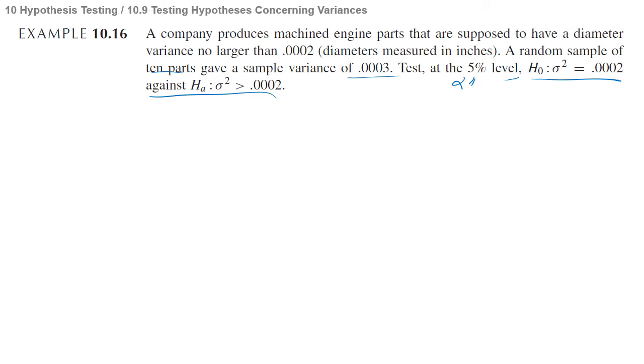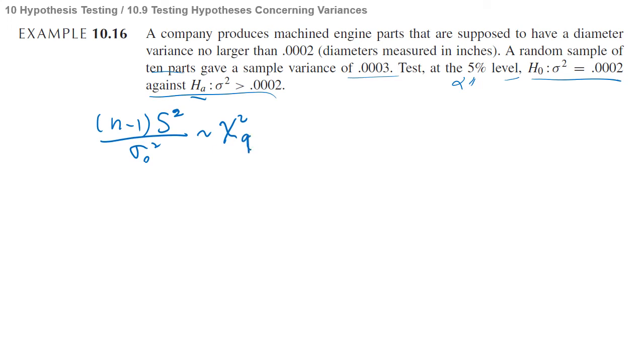Our H0 is sigma square equals 0.0002, and our alternative hypothesis is sigma square greater than 0.0002. The test statistic, which we know from the previous slide, is n-1 times S square divided by sigma 0 square, which follows a chi-square distribution with n-1 degrees of freedom, which is 9.